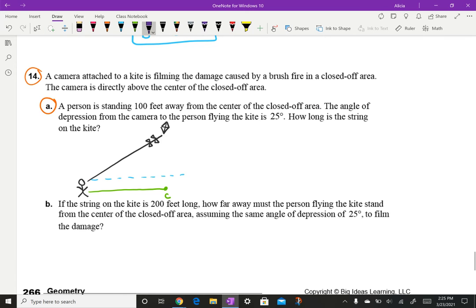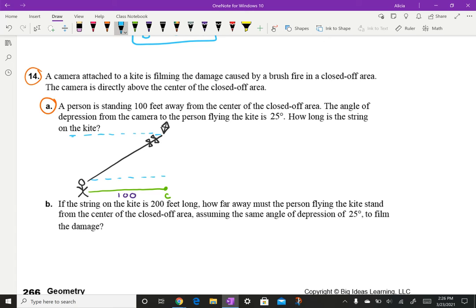So they're saying that this person is 100 feet from the center of that closed off area, right? So if this horizontal line exists here, that horizontal line also can exist like this. Right? We can have a horizontal line anywhere. We can draw an imaginary horizontal line wherever we need to draw it, like that.